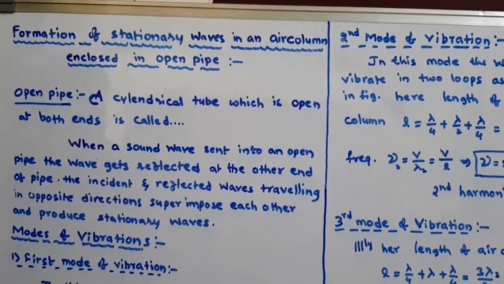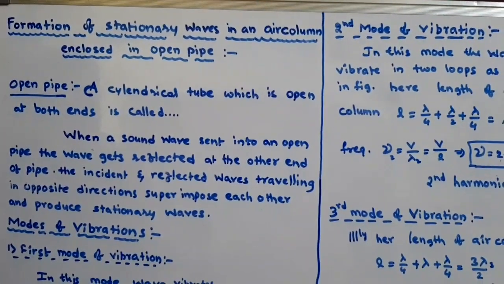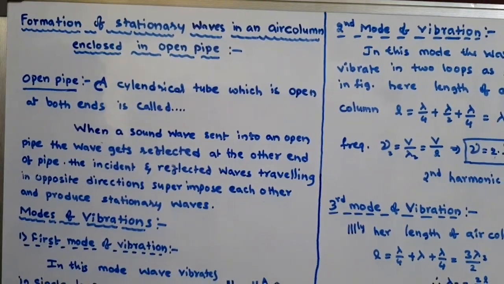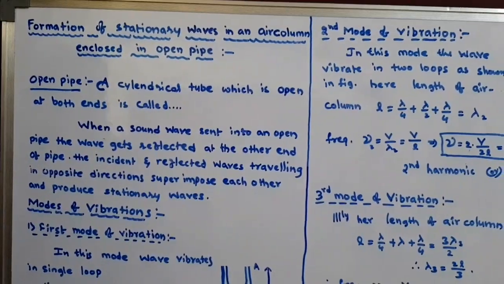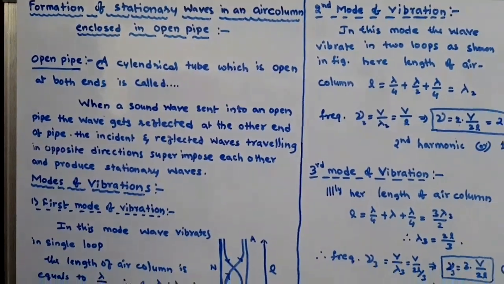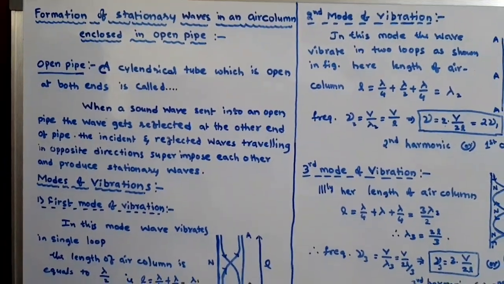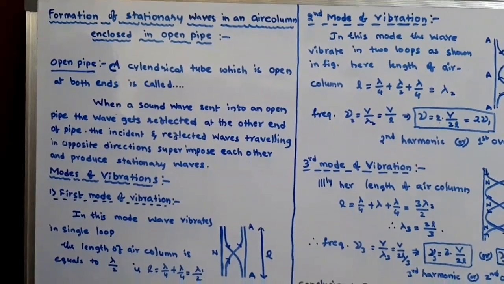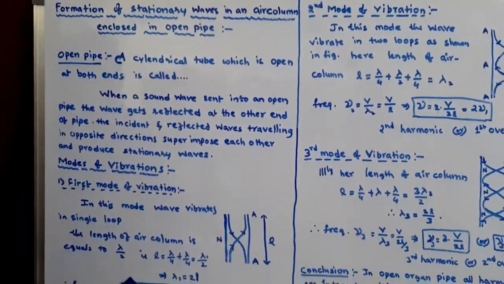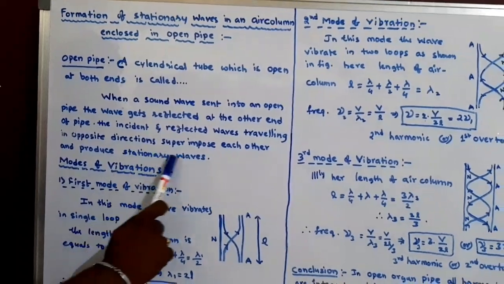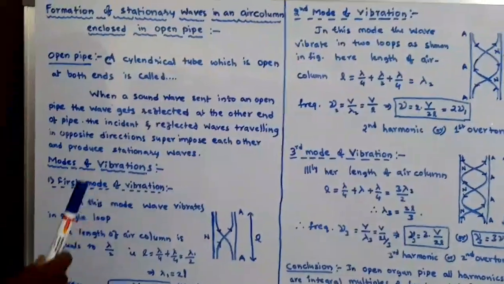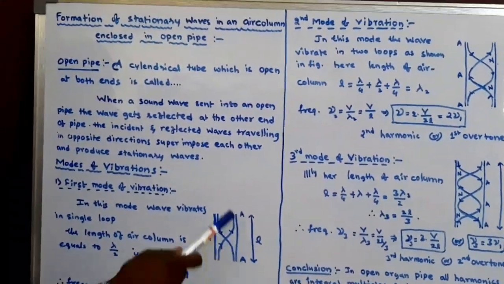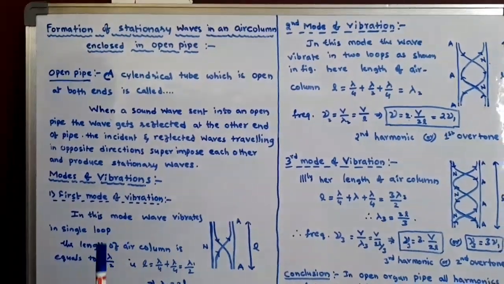Friends, in the last long answer question we discussed the same concept: two waves of equal frequency and equal amplitude, traveling in opposite directions, are superimposed to form stationary waves. Here also the same thing happens, but in an open pipe.